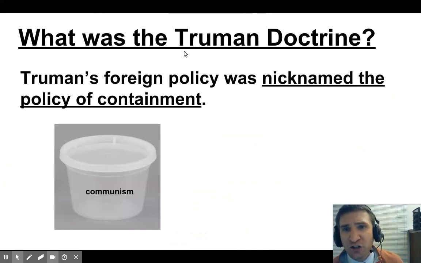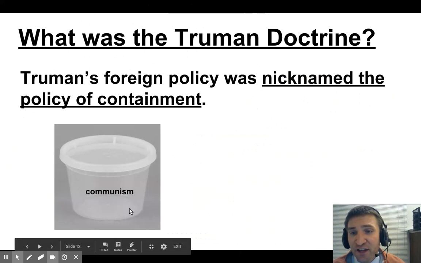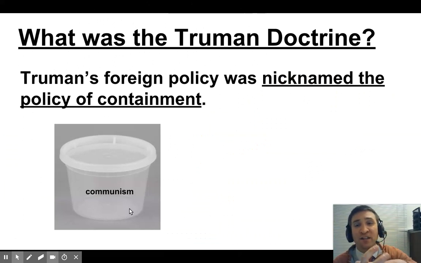The Truman Doctrine, Truman's foreign policy, was nicknamed the policy of containment. And here you see a container that is trying to hold in communism from spreading. Because if you open that lid, the smell of communism comes out and goes all over the place. We don't want that. We want it contained.